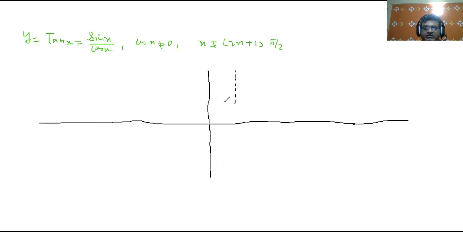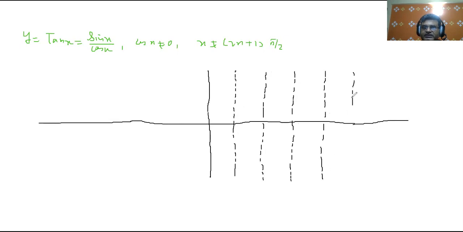This is a dotted line. These are basically the asymptotes, which you will come to know at a later stage. But right at this moment, you have to just remember it. It is going up to infinity.